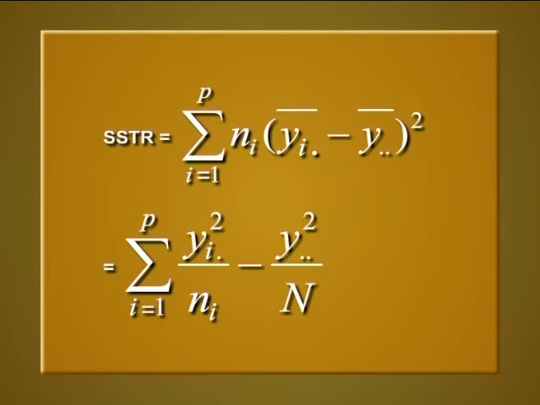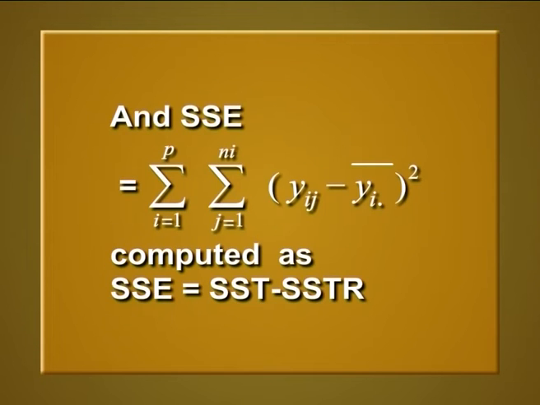Similarly, SSTR is summation i equals 1 to p n_i into y bar i dot minus y bar dot dot whole square, which can be simplified as summation i equals 1 to p y_i dot square by n_i minus y dot dot square by n. And the error sum of squares is double summation y_ij minus y bar i dot whole square, which is computed as SSE equals SST minus SSTR.